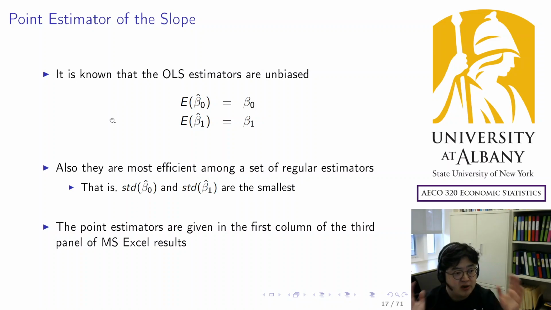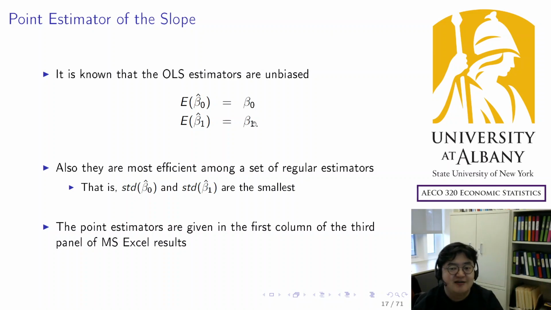So that is the more theoretical part, and I'll just give you the results. It is known that mathematically you can show that the OLS estimators are unbiased. Of course, it is built in Excel. That means the estimators are good enough, right? So unbiased. Also, in terms of efficiency, mathematically you can show that they are the most efficient estimators among regular estimators, right?